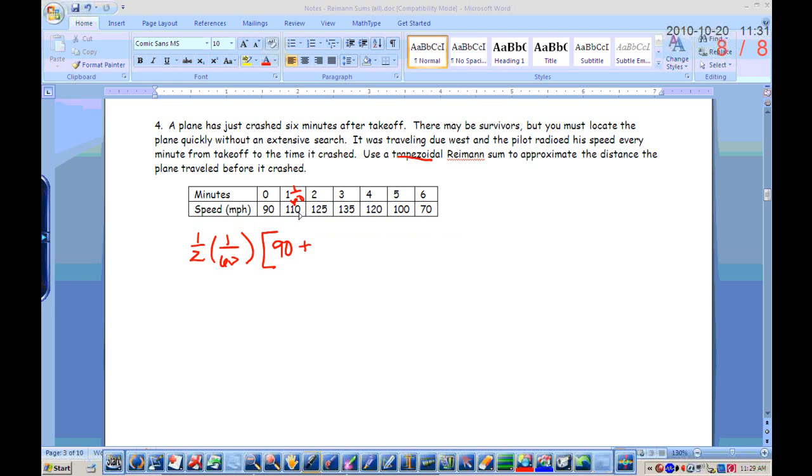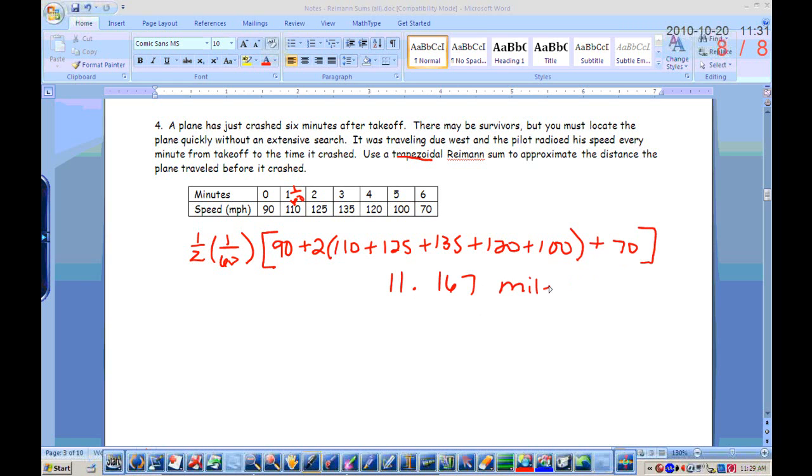And then what do I need to do with all the middle ones? Multiply by 2. So I'm going to use Laura's method. I'm going to do 2 times 110 plus 125 plus 135 plus 120 plus 100, close my parenthesis, plus 70. And it turns out the plane is 11.167 miles due west.